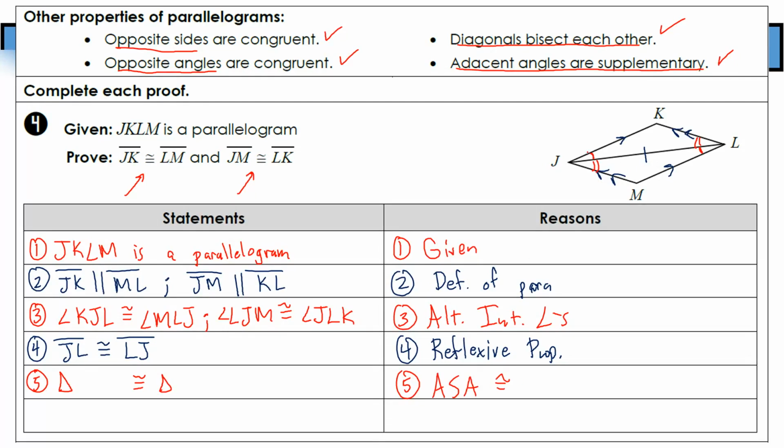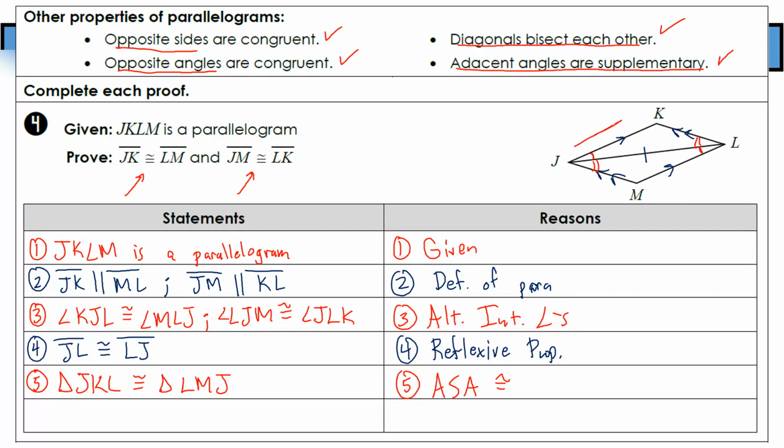Now let's name the triangles. The top one I can call JKL. And if I look at that order, J to K to L, that's one arrow and then two arrows. So I would need to name this one LMJ. Well, now that we've proven that these two triangles are congruent, look at the segments we're trying to prove congruent.